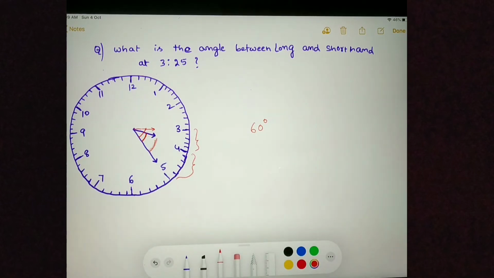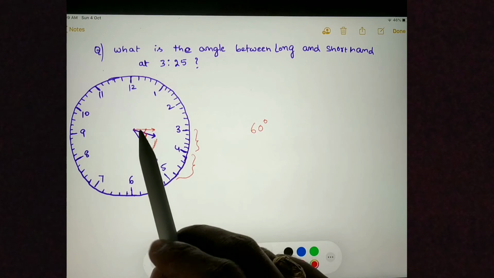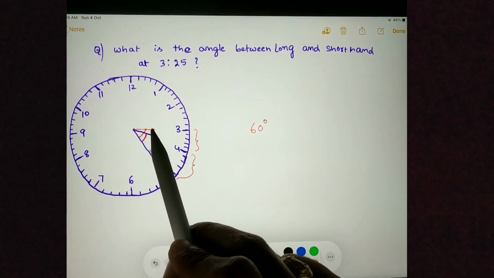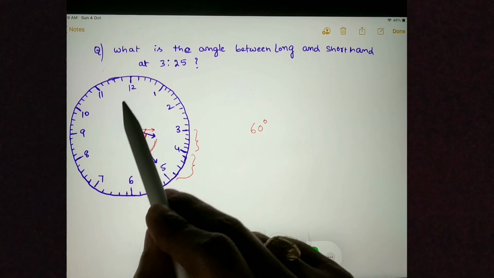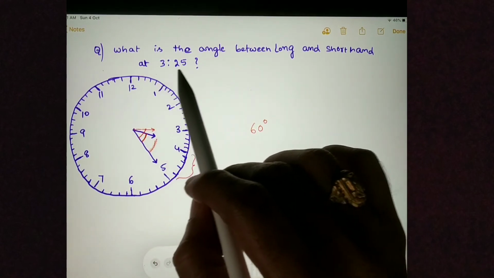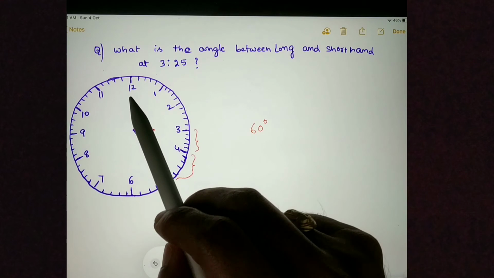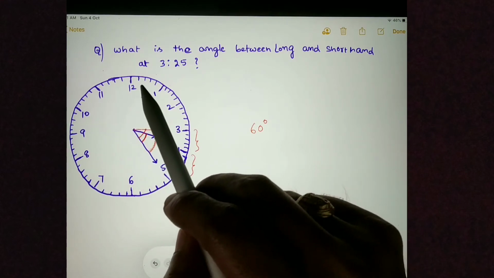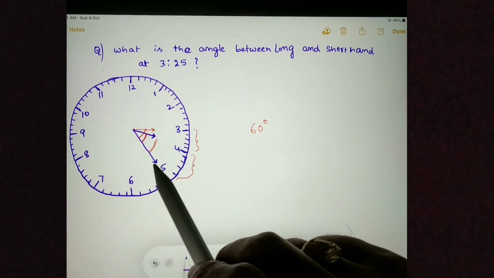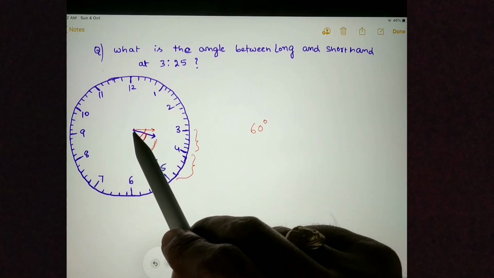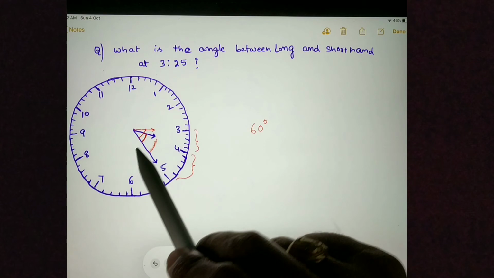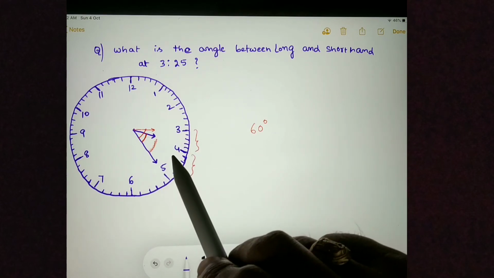But we need the angle between these two. How do we get it? At 3 o'clock, the short hand will be at exactly 3 and the minute hand will be exactly at 12. Because the given time is 3:25, the long hand from 12 in 25 minutes travels 25 minute spaces and comes exactly at 5. The short hand also moves from 3 to somewhere between 3 and 4.